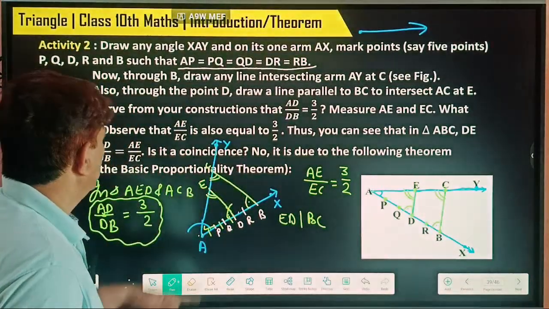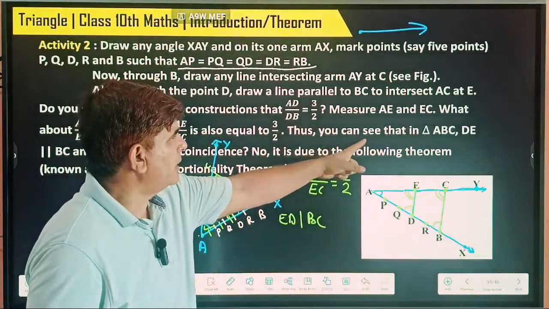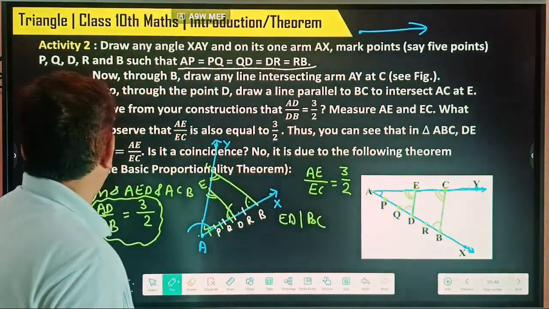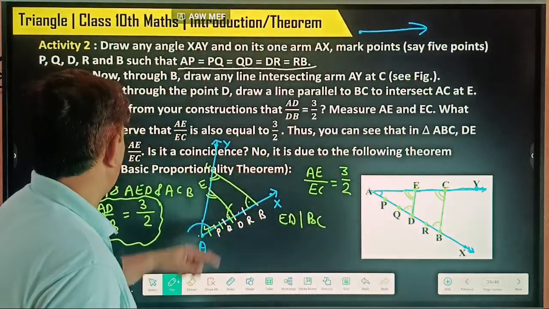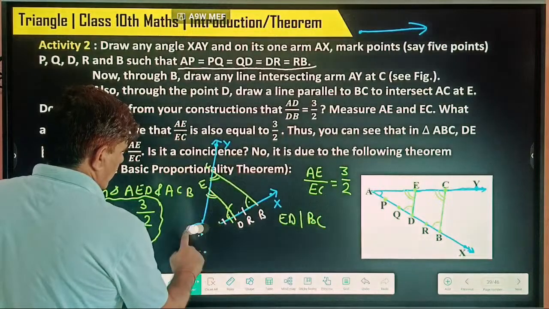This is equal to this. Thus you can say that in triangle ABC, DE is parallel to BC. So try to understand what I want to tell.